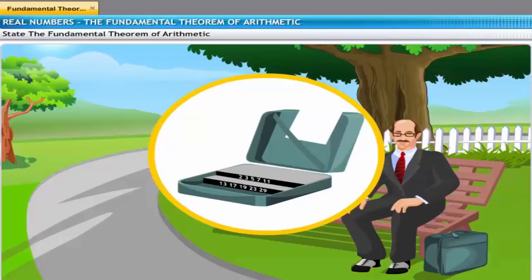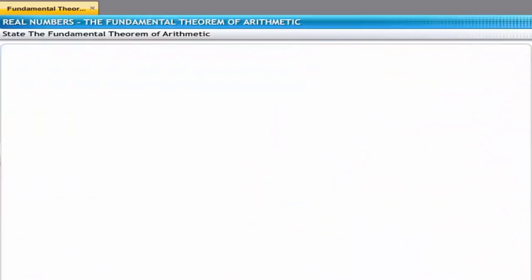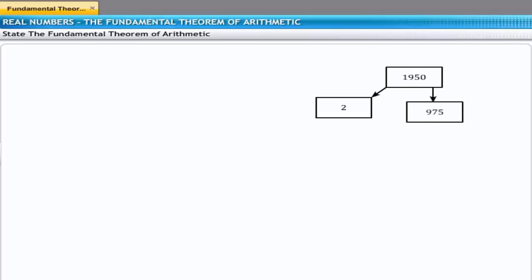Let's take a number. Any number. Say 1950, the year India adopted its constitution. Now, let's create a factor tree for this number using Mr. Number Maker's tools. Dividing 1950 by 2, we get 975.